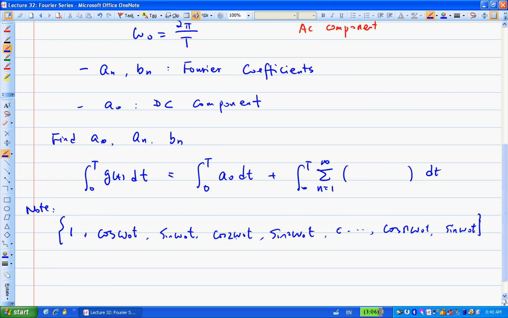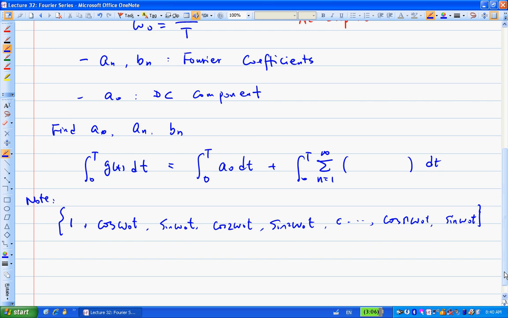First of all, those functions are linearly independent. Second, the integral of the multiplication of any two different functions within this set is zero, which is called orthogonal. For example, when I integrate the product of these two over one period, the value is 0.